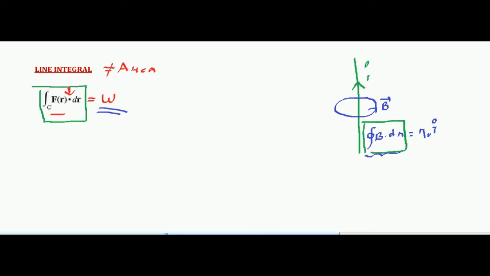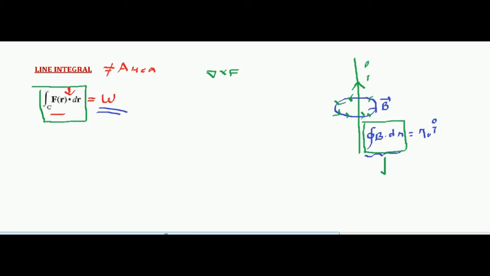But we know that the line integral evaluated along this circle that I am drawing in green will depend on the value of current I that passes through this circle. Agreed? Now, remember I also discussed that curl of a field is its line integral per unit area.